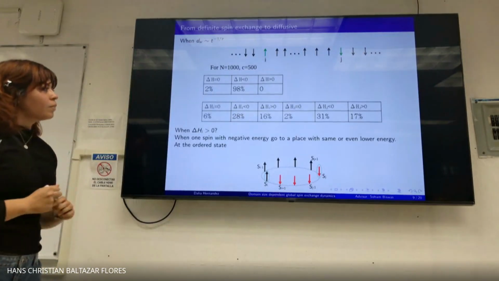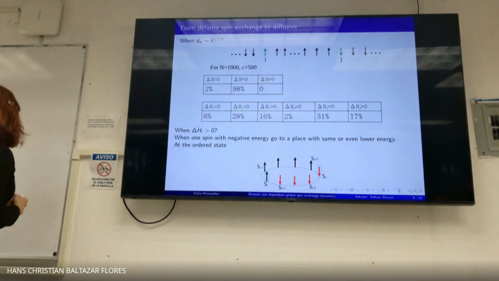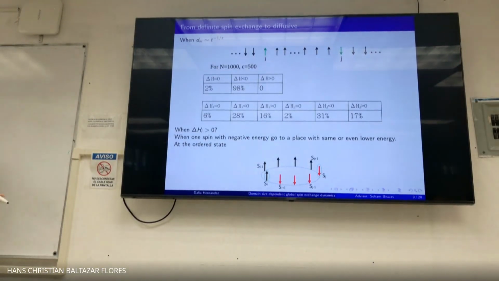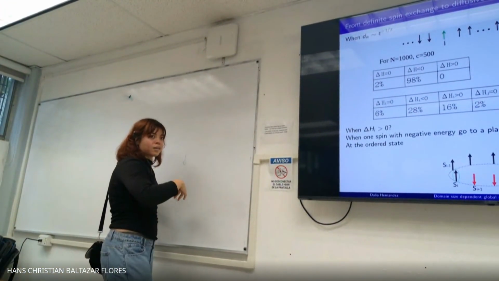So why does this happen? It happens when a spin goes to a place where its energy is even lower than where it is already.